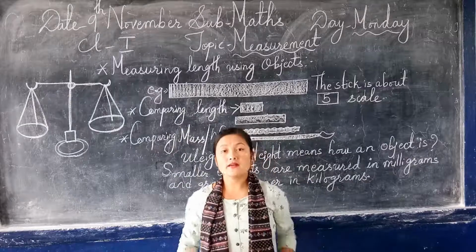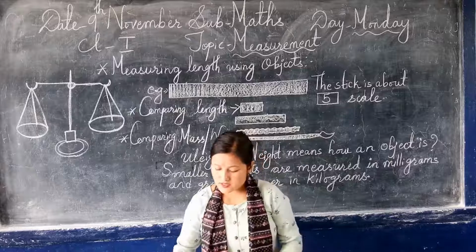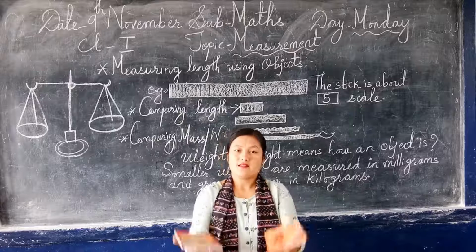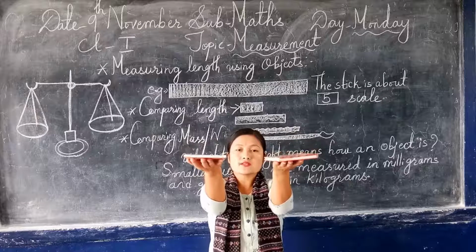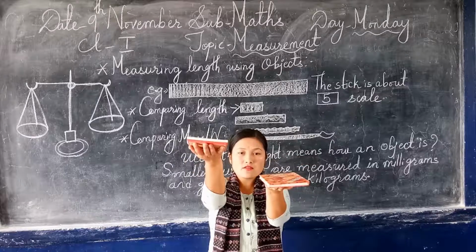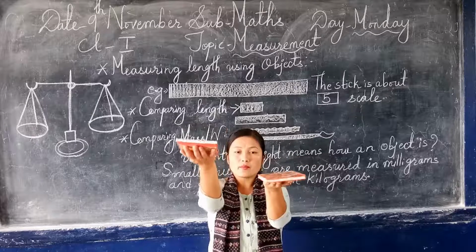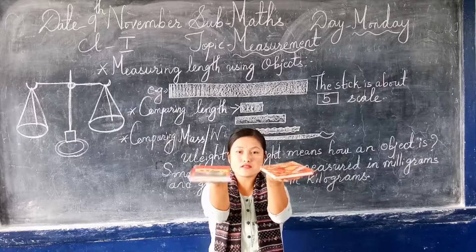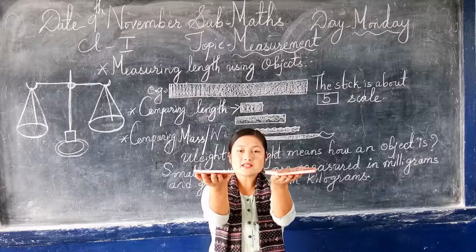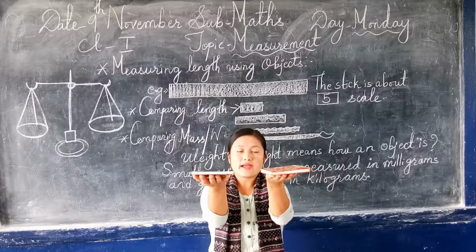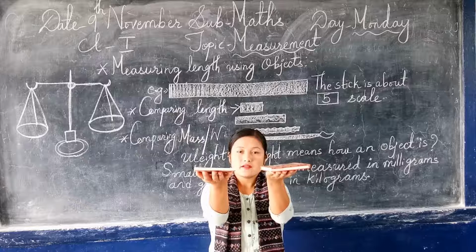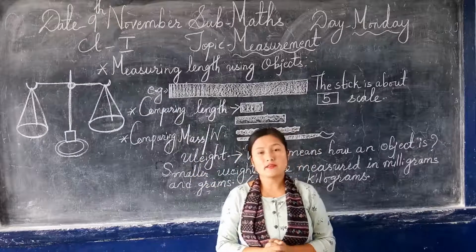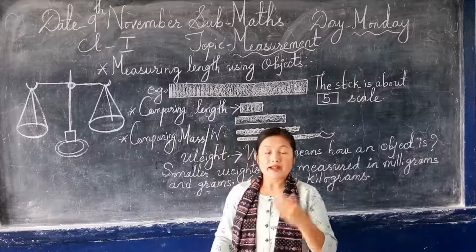Similarly, when we measure objects which have the same weight, we will measure like this. These 2 are the same objects. That's why neither is down nor up. These 2 objects are equal in balance. If we balance these 2 diaries, the balance is the same. In the same way you all can practice.